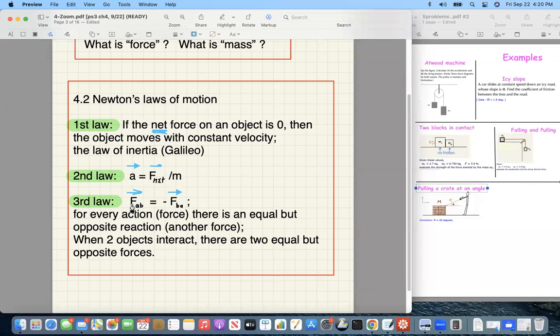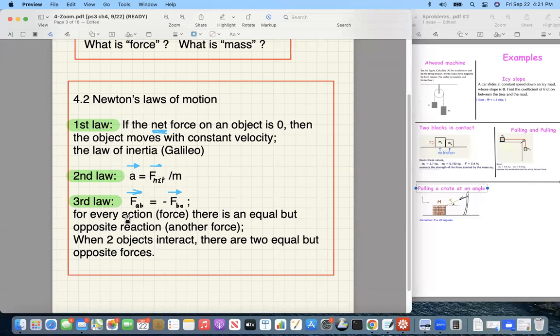Obviously the Mack truck is going to exert a force on the Volkswagen. And the Volkswagen is going to exert a force on the Mack truck. And the strengths of these two are equal. Seems very hard to believe. That's why hardly anybody really understands what's meant by Newton's third law. Unless you take a course on physics, you probably won't understand the meaning of action and reaction.